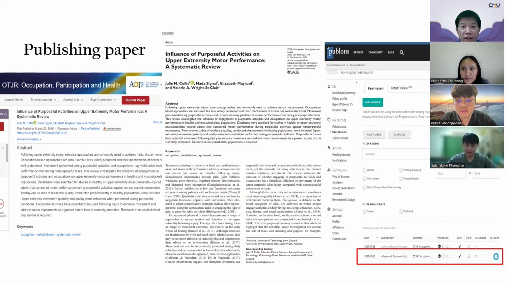Every journal in the world is like a country that we go to. It will be recorded in your ORCID ID that you have published already. In terms of becoming a reviewer or editor, it is also recorded in Publons and ORCID ID. I am a reviewer of OT journals such as OTJR, POS1, and the WFOT Bulletin.